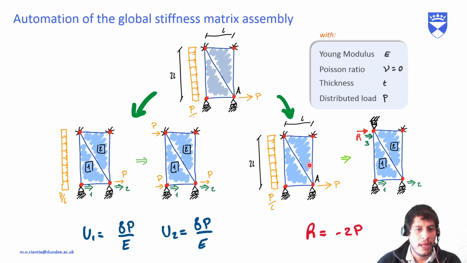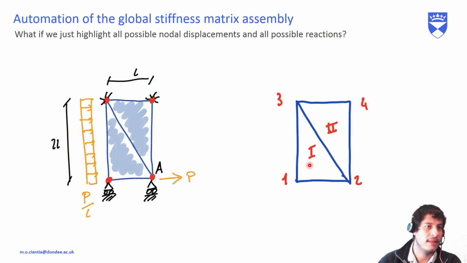In doing so, we obtain the reaction as minus 2P. Okay. Now, the question is, can we find a way to automatically set up the global stiffness matrix so that then we can invert it and then obtain our nodal displacements? Well, yes, and this is the content of this lecture.